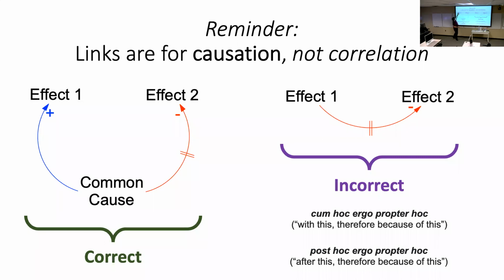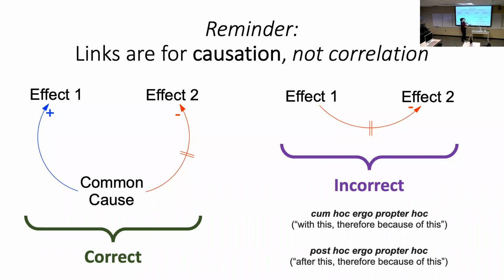It just so happens that whenever effect 1 goes up, effect 2 will go down a little bit later. So it will look like effect 1 might be causing effect 2. But if we don't have a mechanism that we are theorizing is responsible for that cause, then we can't assert that link there. We really need a causal link, or at least a theory of cause.